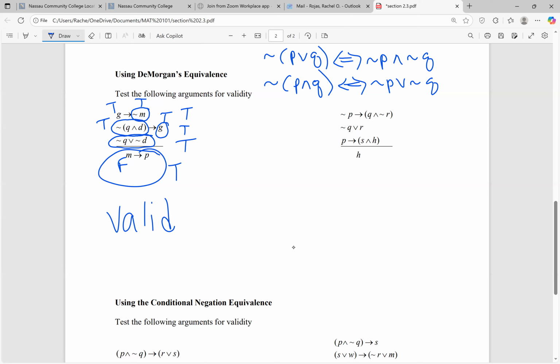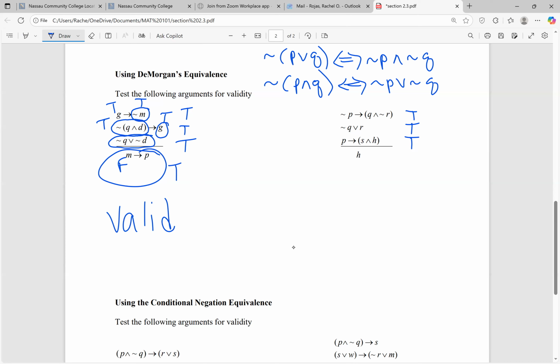So let's do another one. For this next example on the right, we have three premises. I'm going to assume they're all true. I'm looking to see if I could possibly use the conditional equivalence, the contrapositive, or maybe De Morgan's.